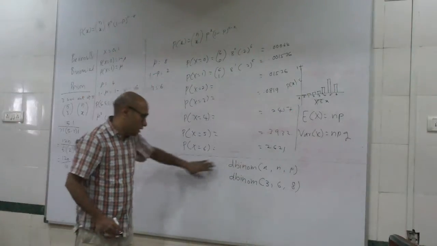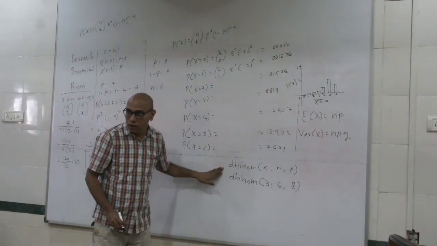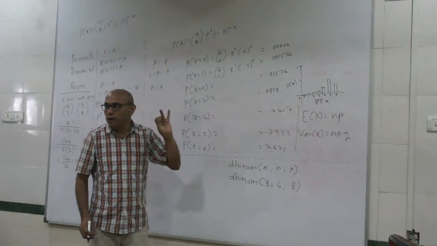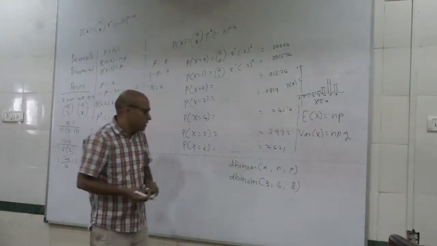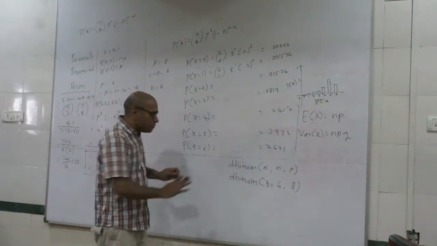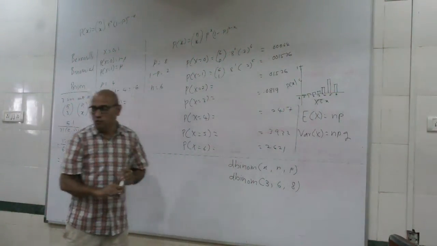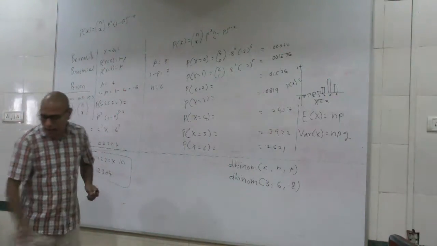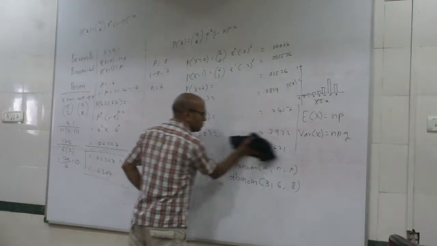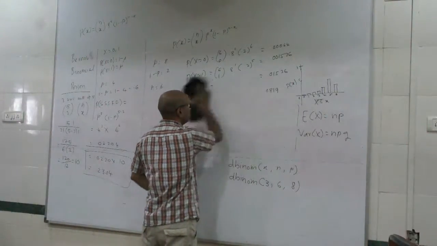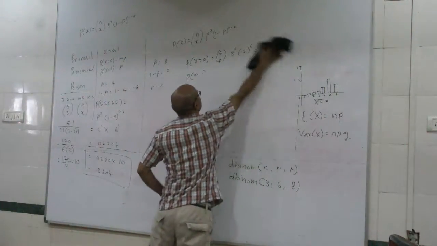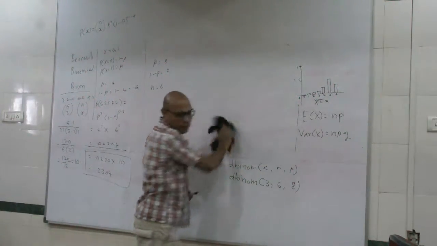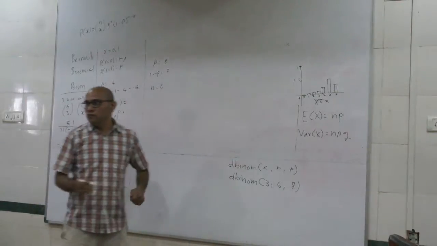In R, you can write dbinom. Similarly, you can write rbinom, qbinom, and pbinom. See, a departure from distributions to a bit of an R exercise. In R, distributions, like you can get 3 different things for a distribution.